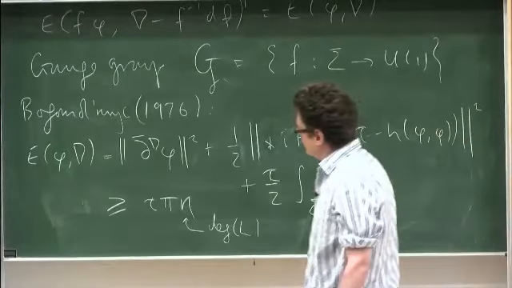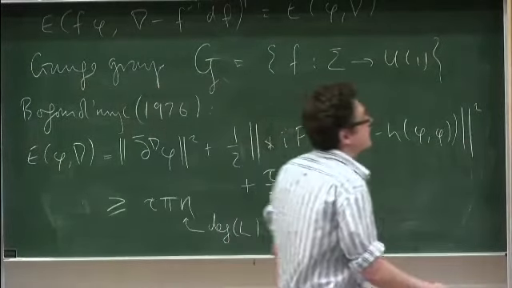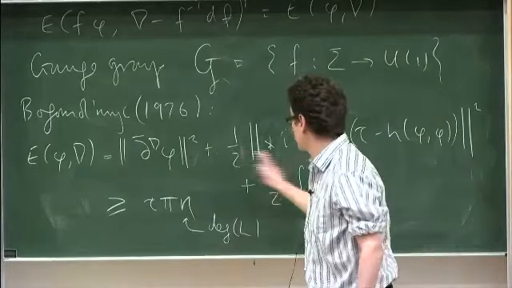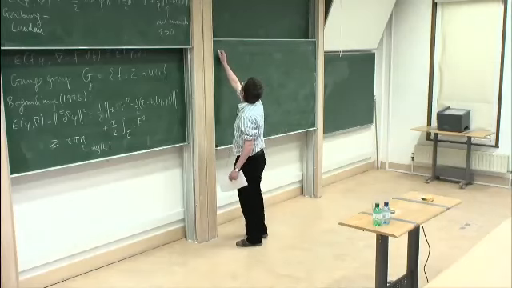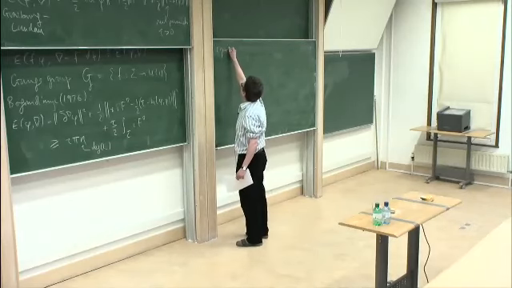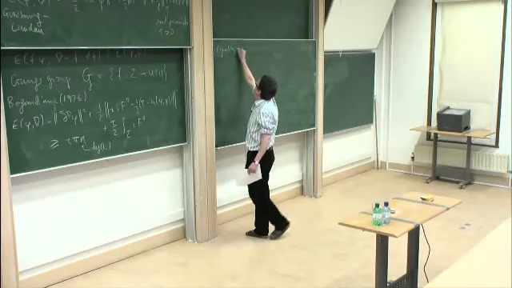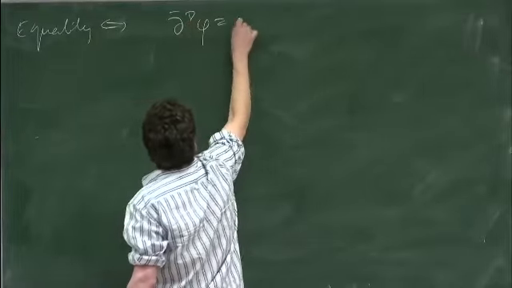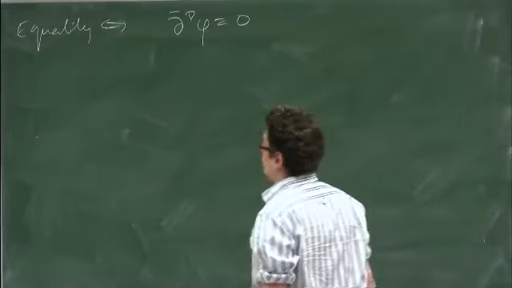Okay, and furthermore, in order to attain that bound, both the non-negative terms in this decomposition must be exactly 0. Okay, so we have equality if and only if this pair of equations holds.